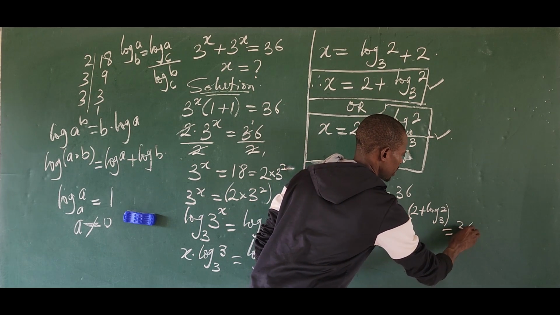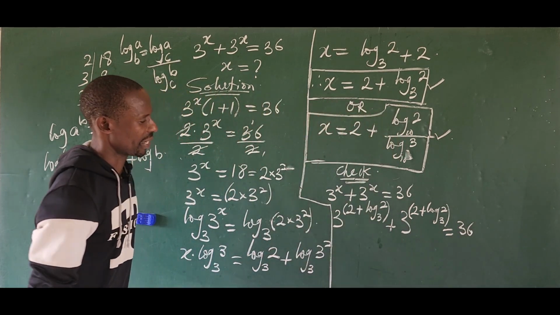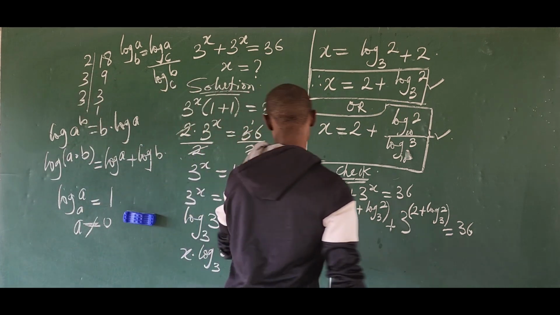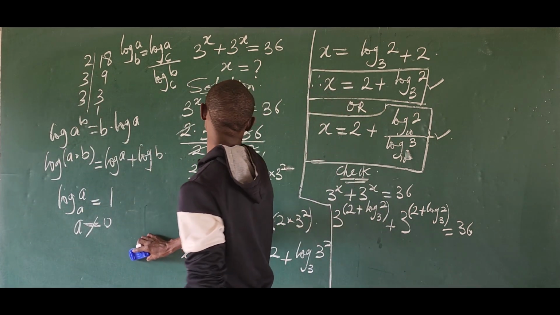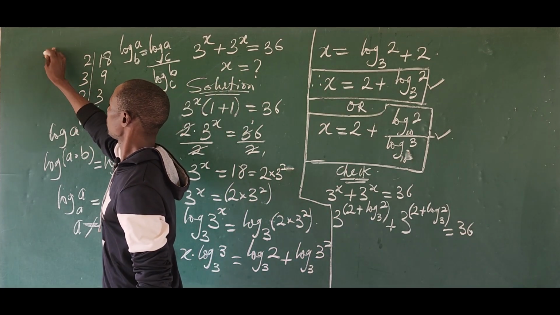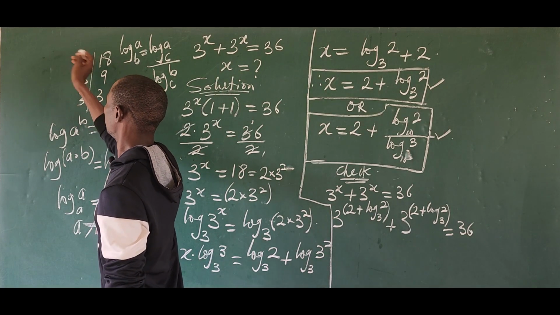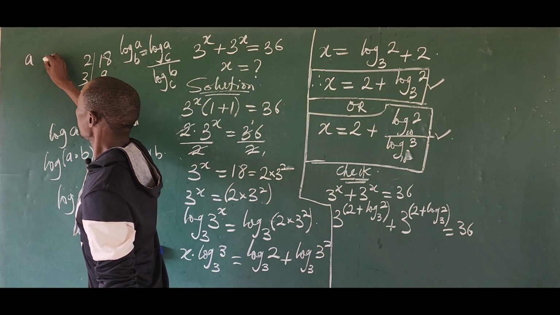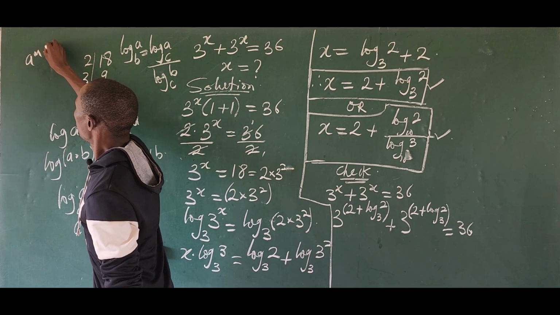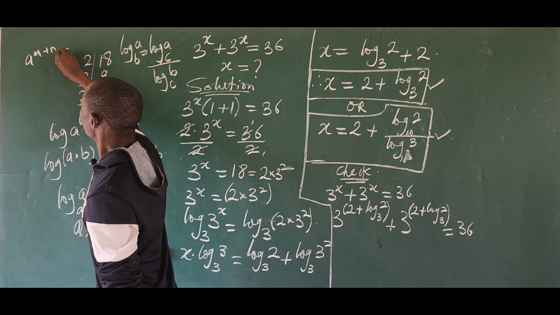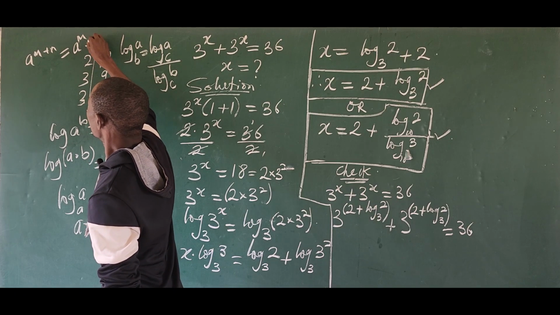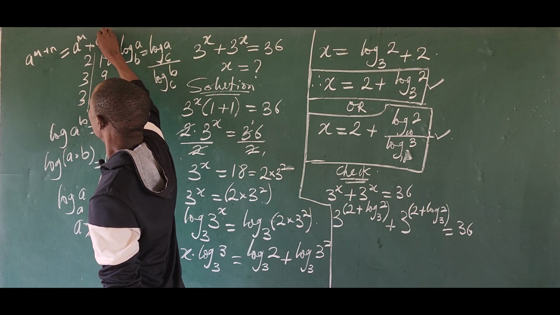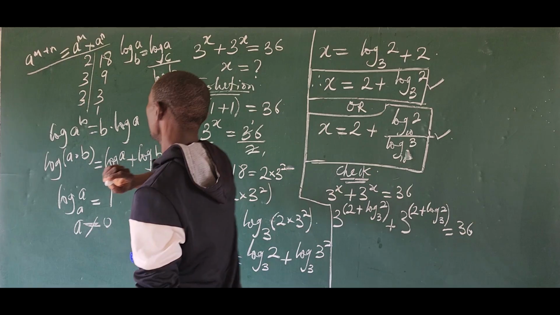everything equal to 36. Okay, so here we're going to apply a law in indices, which says that if you have a to the power of m plus n, this is equal to a to the power of m times a to the power of n. Good.